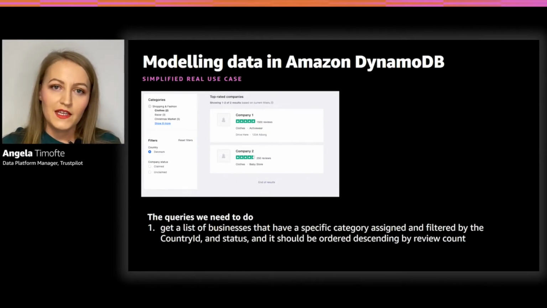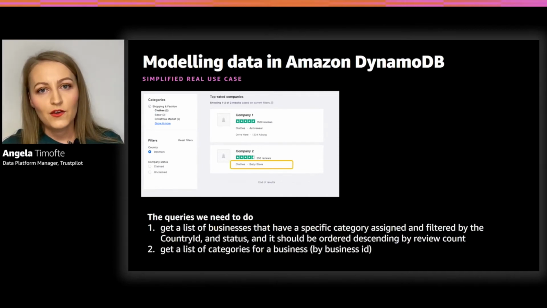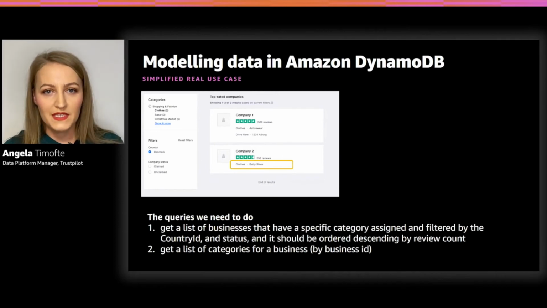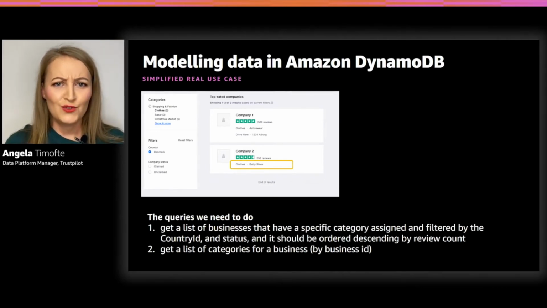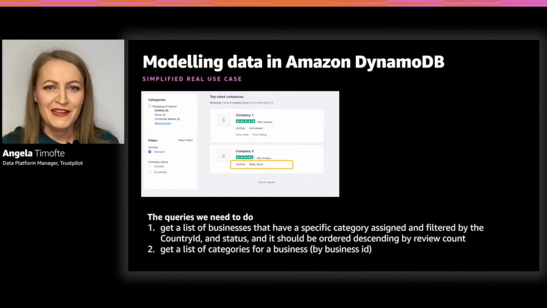The next query is to get a list of categories for a specific business. So this sounds quite difficult to do in a DynamoDB key value store, right? But let's see how we're going to do that.